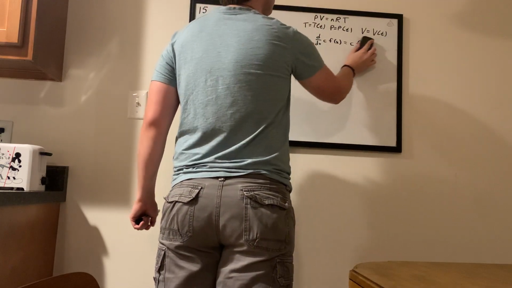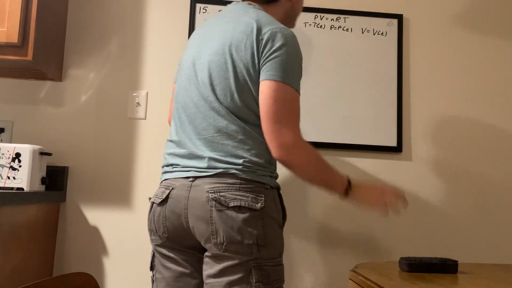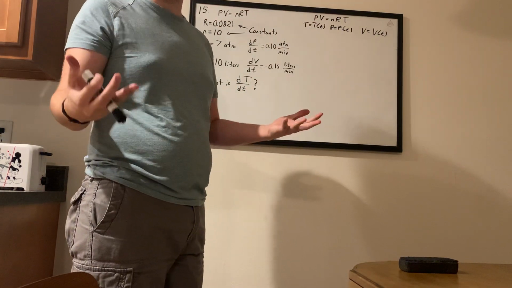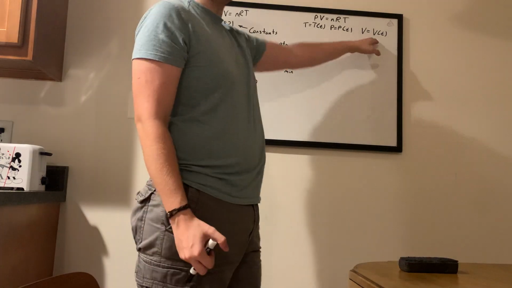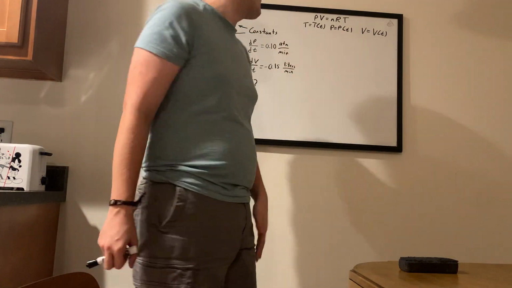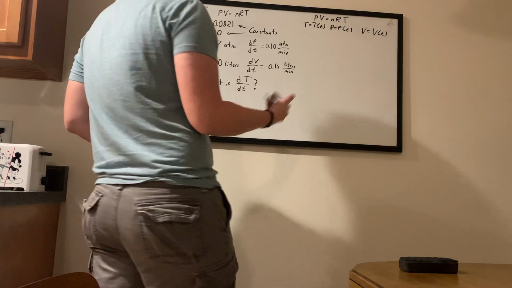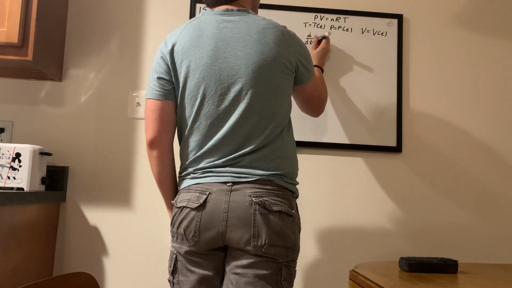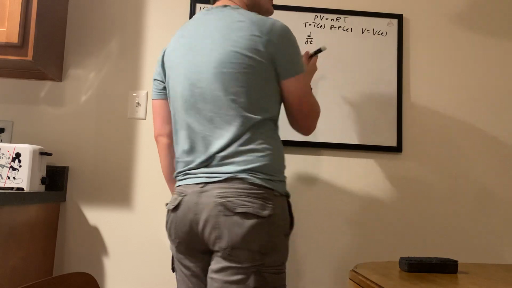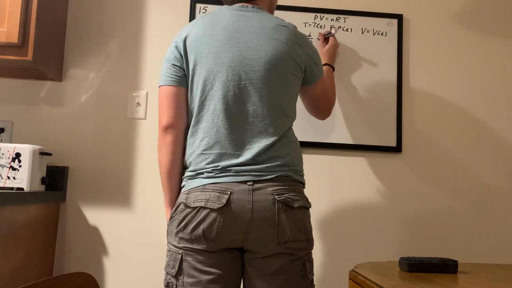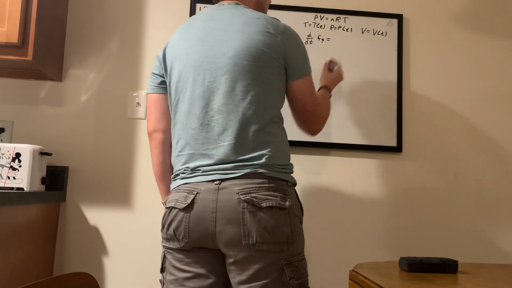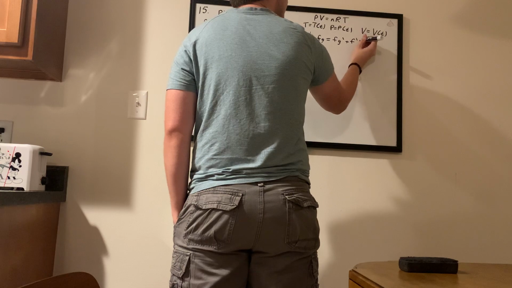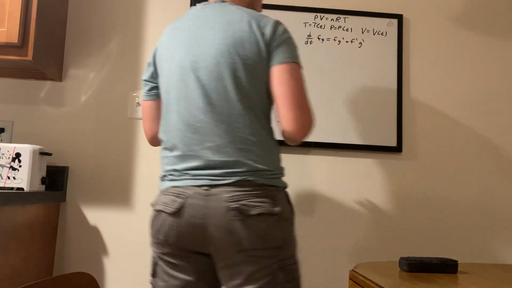However, since P and V are multiplying on the left here, we're going to need to use the product rule, because these are both functions of t. As a reminder, the product rule says that if I have the derivative with respect to t of f times g, this is the same thing as f times g prime plus f prime times g.